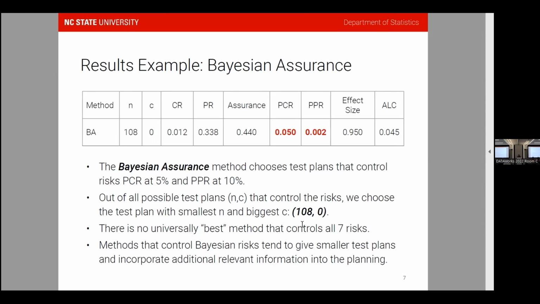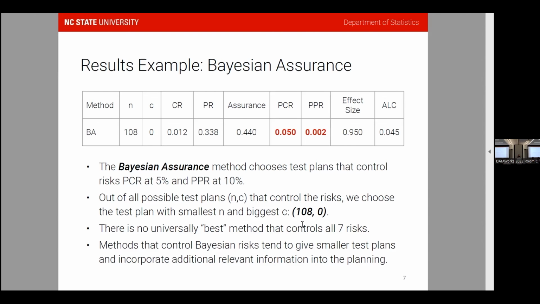And if you look at ALC, it gives us a 4.5%. And for this data set, if we have something below 3%, it would be ideal. But if you have 4.5%, that's close enough to 3%, then we can conclude that we're happy enough for this and settle on the 108, 0 test plan that we've got using the Bayesian assurance.